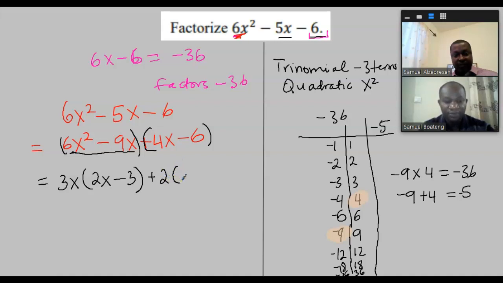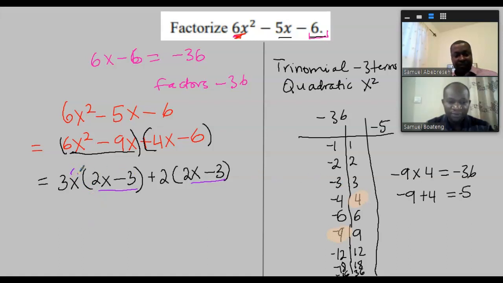Then we have 2x minus 3. So with this type of factorization, whatever you get in the first bracket, you should get the same thing in the second bracket. So you do what is called refactorization, because 2x minus 3 is common.